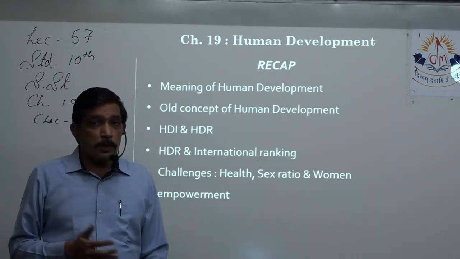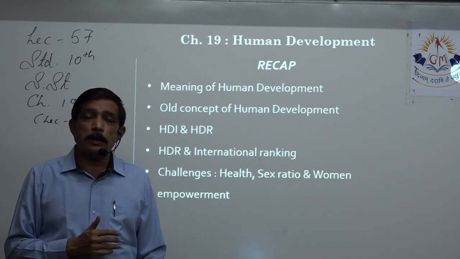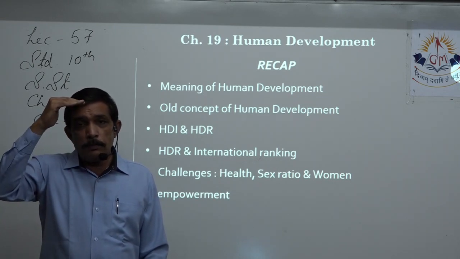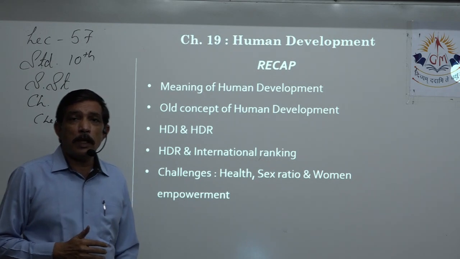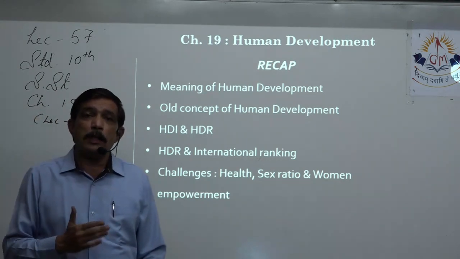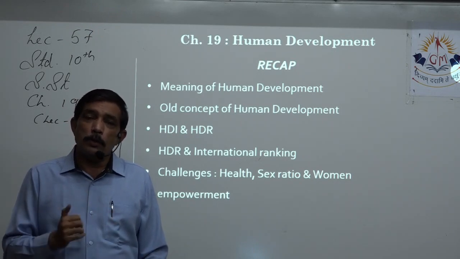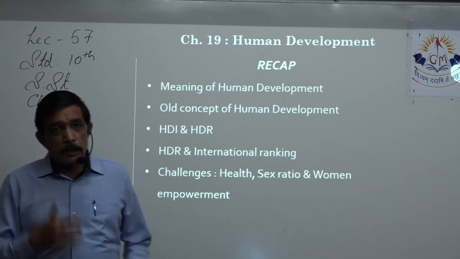All the 188 countries are divided into 4 tiers: very high human development, then high human development, then medium human development, and low human development.